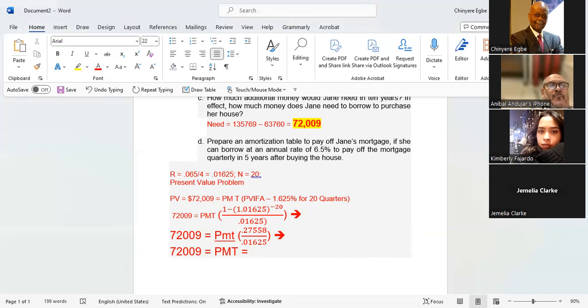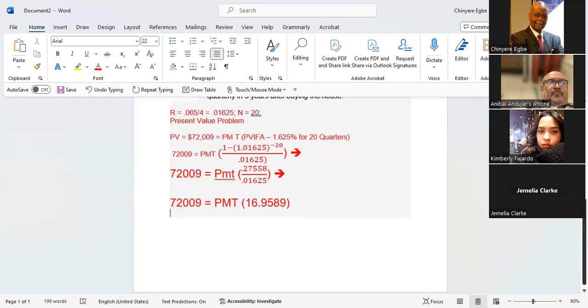What is that? It's 16.958. Very good. Equal to payment times 16.9589. Okay. So now the question is, how much is your periodic payment?